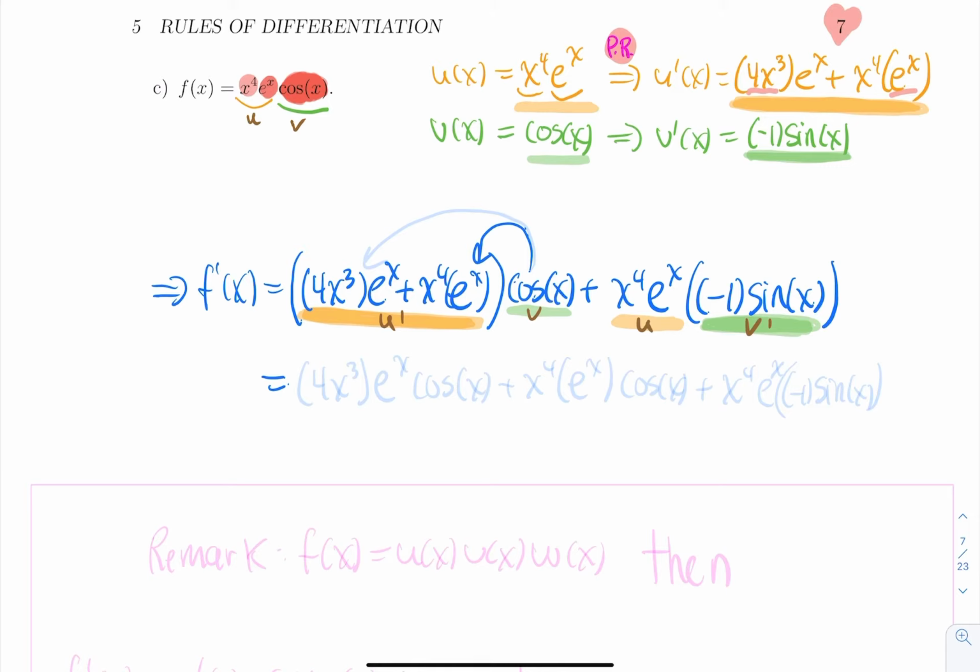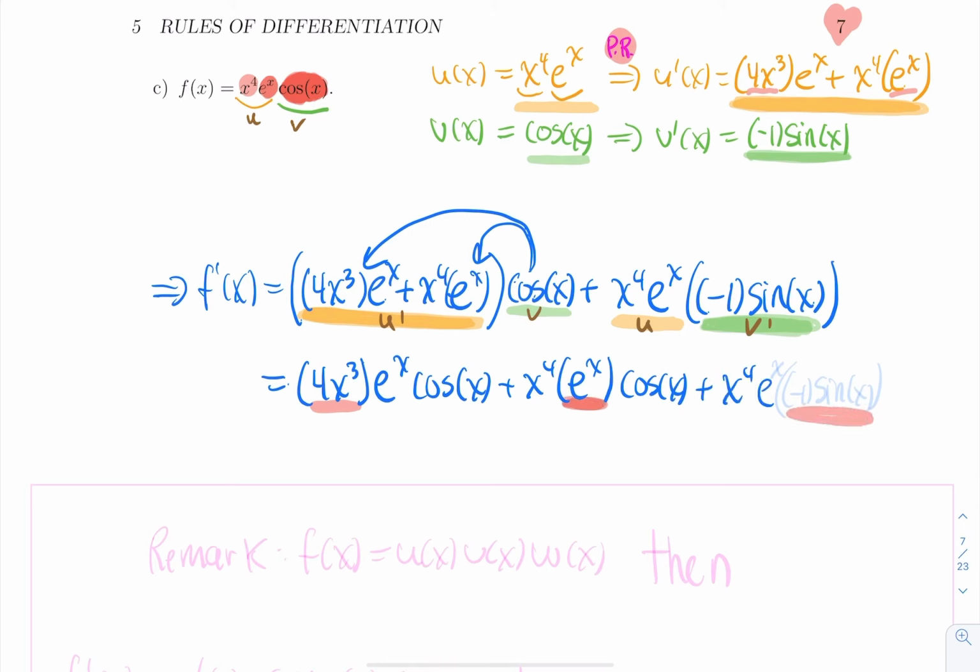Okay, so you're going to get 4x cubed times e^x times cos of x plus x^4 e^x cos of x plus x^4 e^x times minus sine of x.